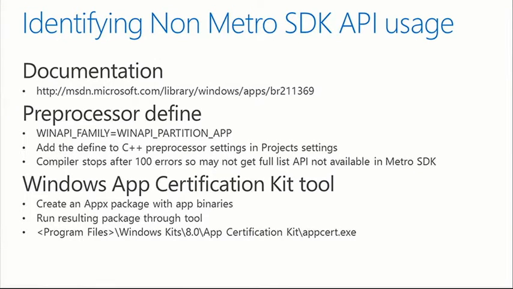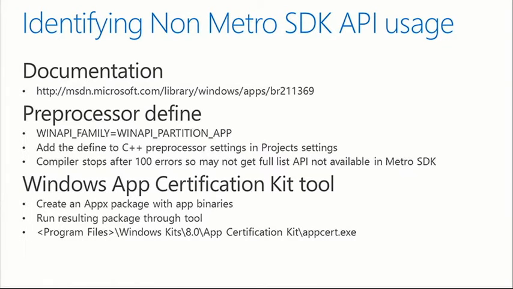If you start building your app with this defined, the set of APIs that are available under Metro are the only ones available for your application at that point, so you start getting compiler errors on APIs that are not available. Of course, this can be messy because if you have a lot of APIs that are not available, the compiler stops after 100 errors, so you may not get the full list.